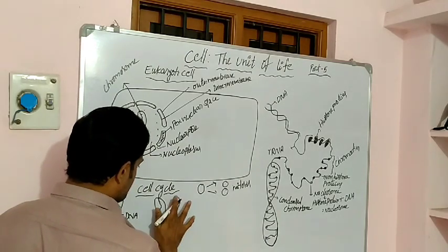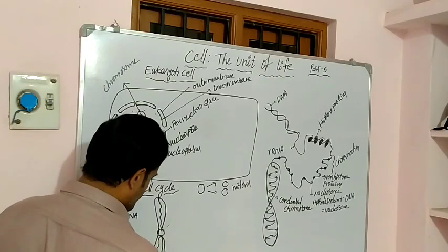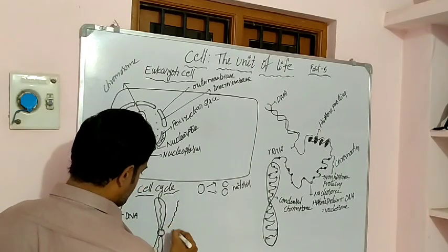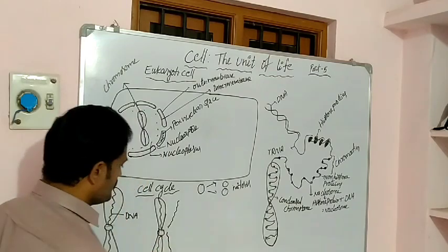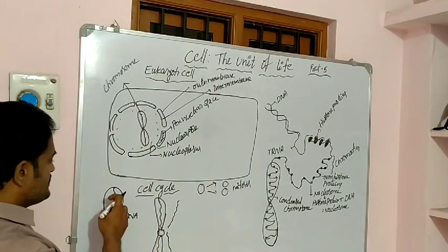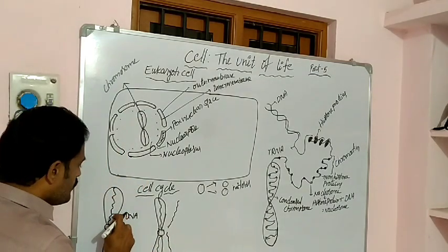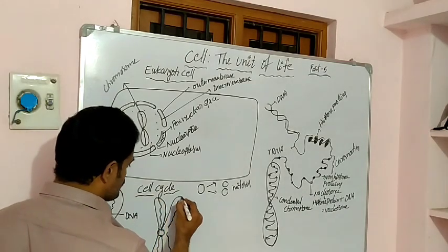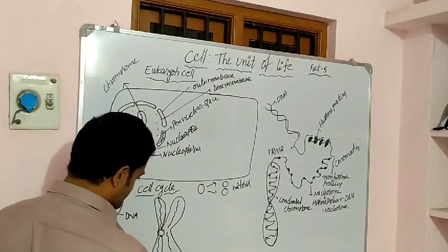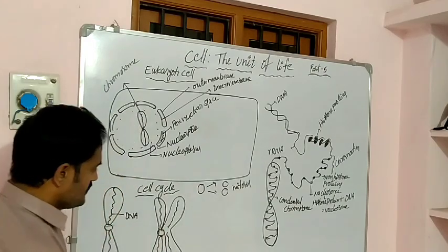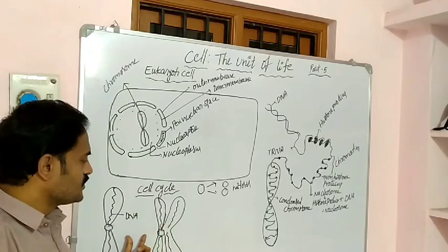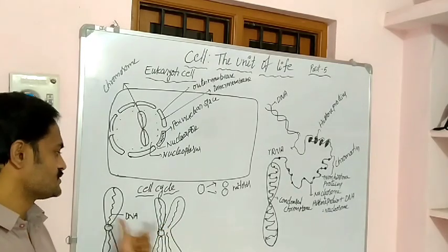See, I will draw here. See clearly, first the DNA like this. After division of DNA, the chromosome is also divided and it forms one more same chromosome like this. So this chromosome and this chromosome both are single chromosomes only.